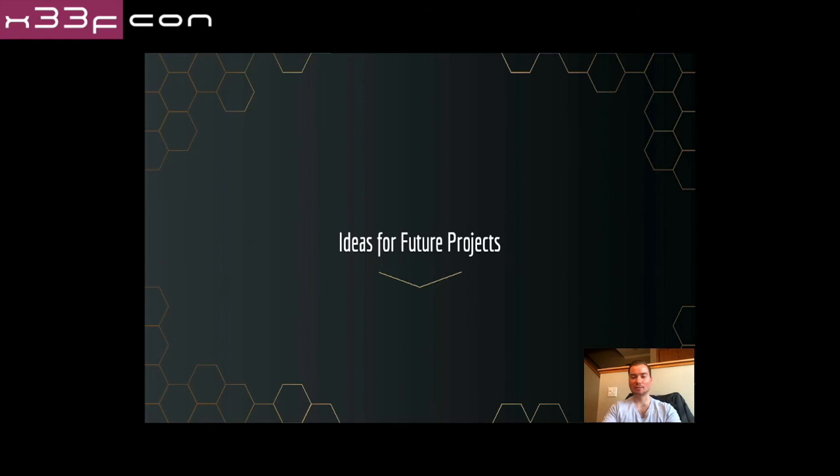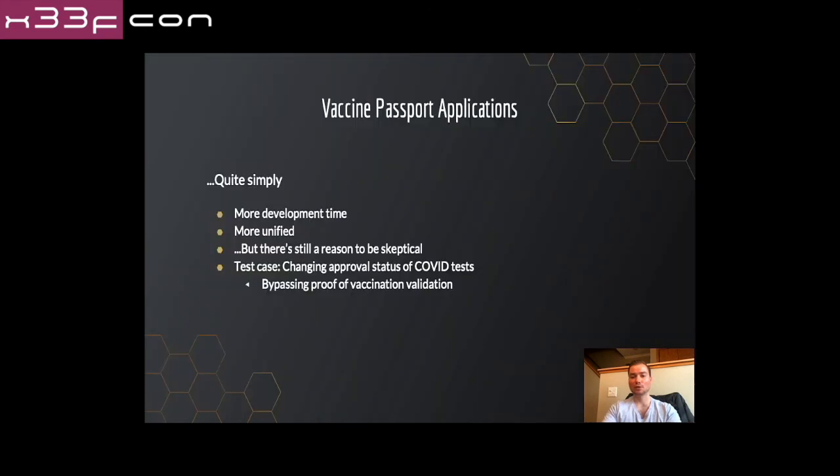If you enjoyed the topic of this presentation, we'd like to recommend some ideas for future projects that you can take on yourself. Quite simply, vaccine passport applications. They're very similar to contact tracing applications, but they've had more development time as they're not time pressed, as they're not racing against the surging pandemic.